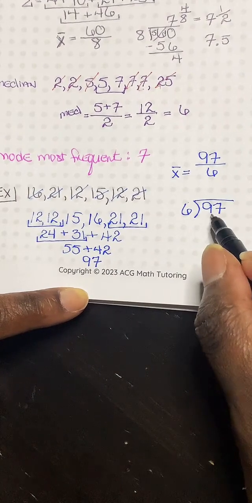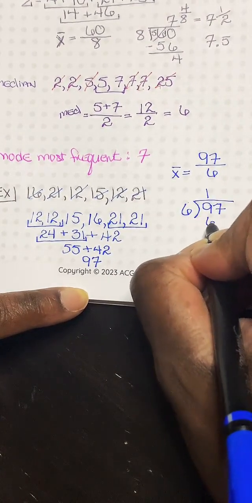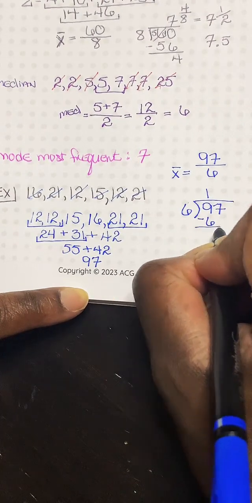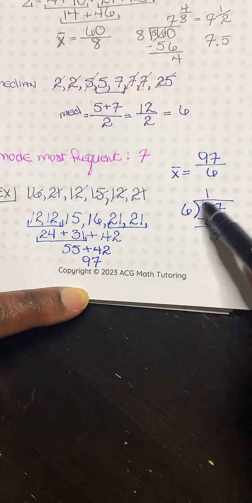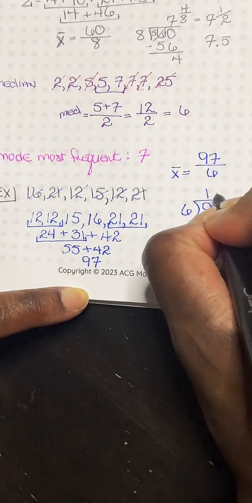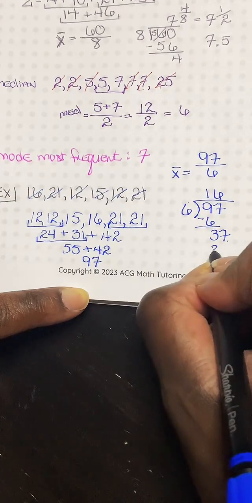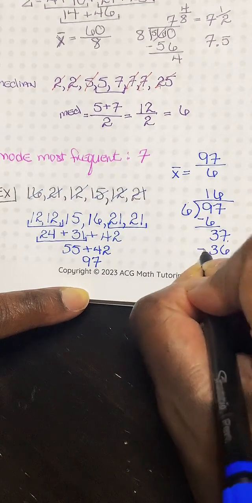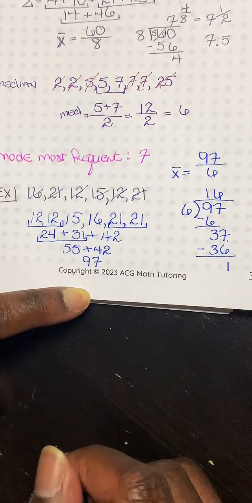So how many 6s can go into 9? 1. Good. How many 6s can go into 37? So 6 times 6 gives me 36. And then I have that remainder of 1.